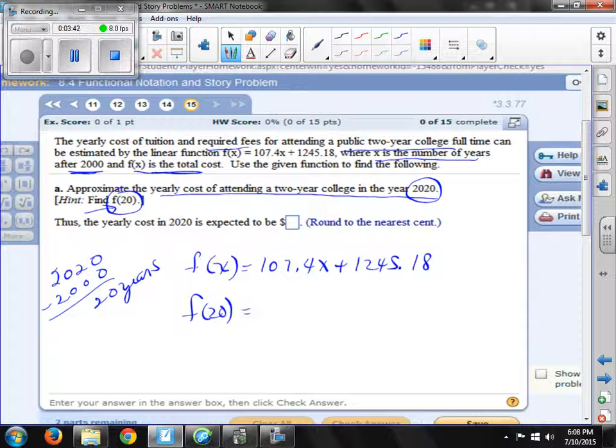So this is a pretty big number. 107.4 times, I'm substituting in 20 where the x is, plus 1245.18.